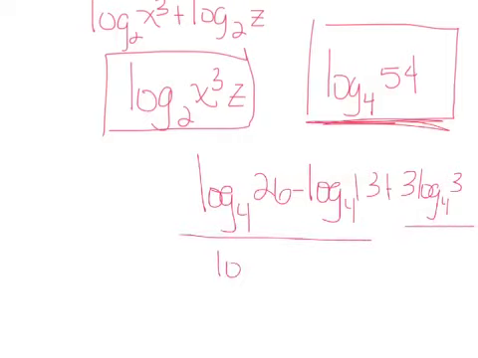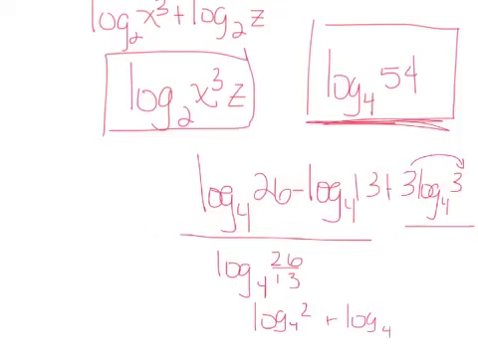So that will be log base 4 of 26 divided by 13, which is log base 4 of 2. The 3 will become an exponent based on the power rule. So our first rule was the quotient rule and our second rule was the power rule. 3 cubed is 27. So this is plus log base 4 of 27.